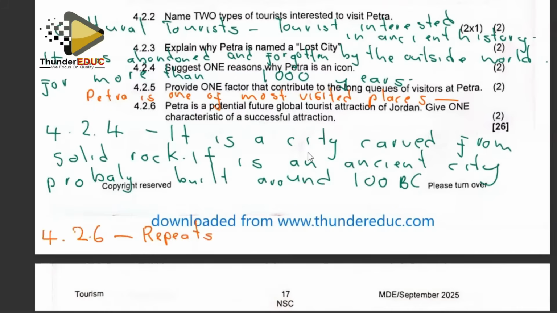People repeat visits. That is one. Then in addition to that, the income generated exceeds target figures.